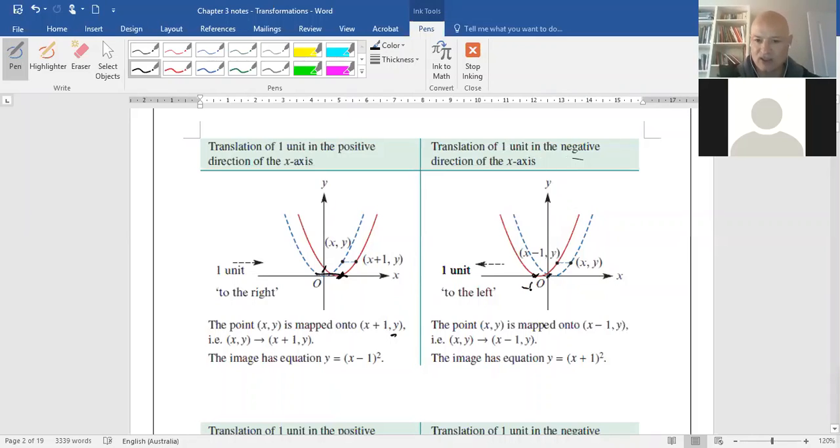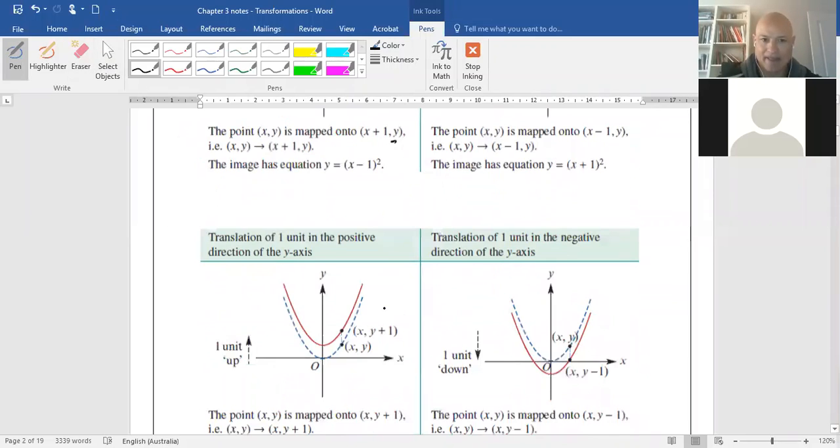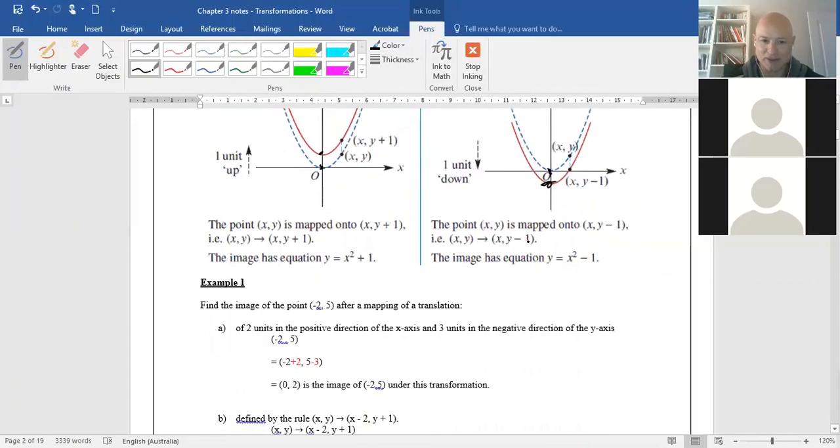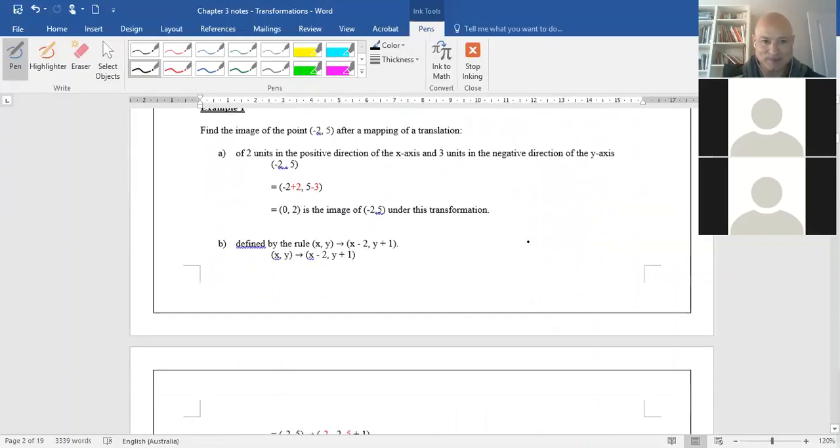There's no translation along the y. Positive direction of the y goes 1 unit up from 0. From 0, 1 unit down if it's a negative translation. Am I giving you any information that you don't know? No. Okay, well, at least one person answered, thank you.